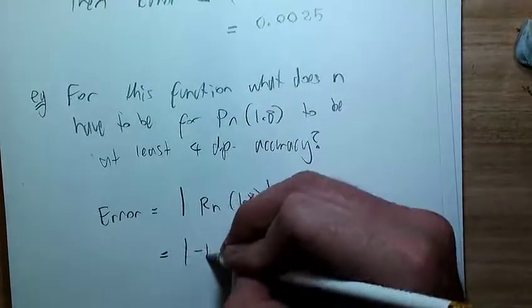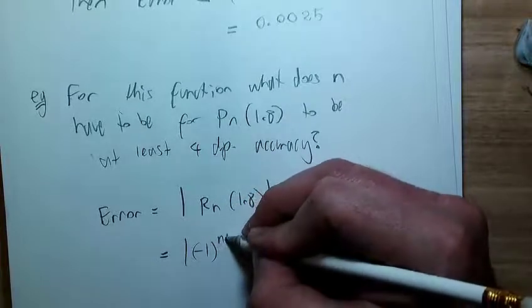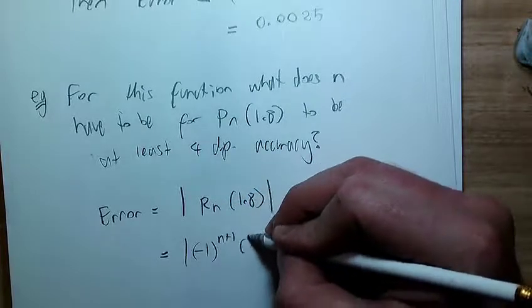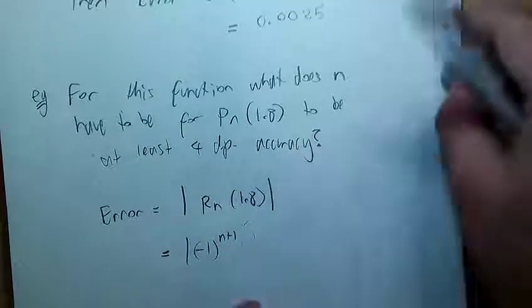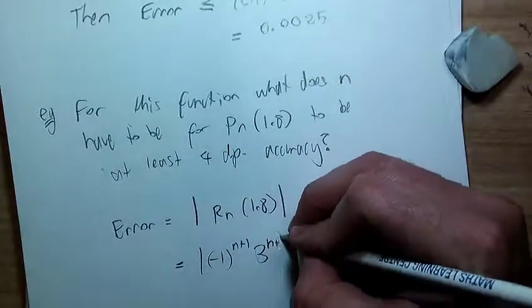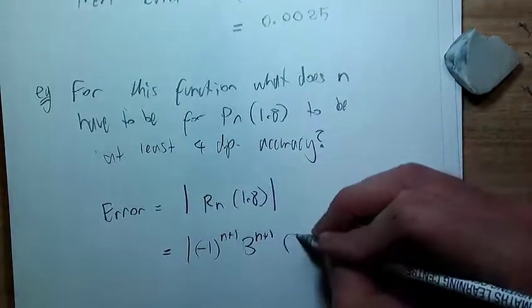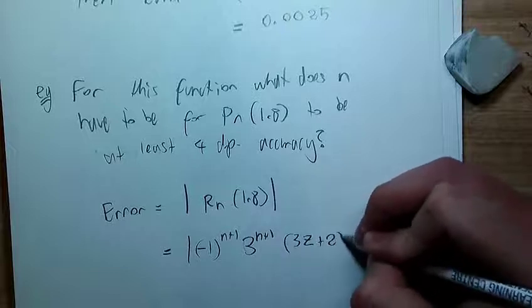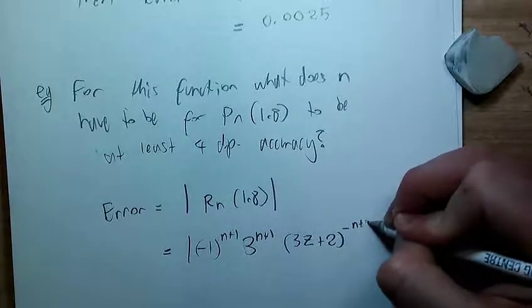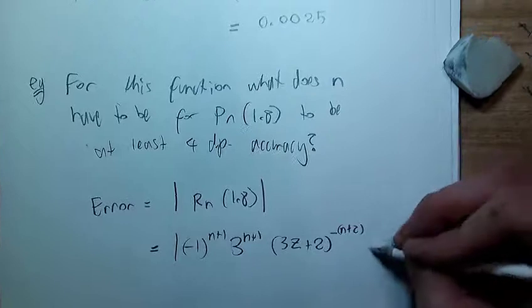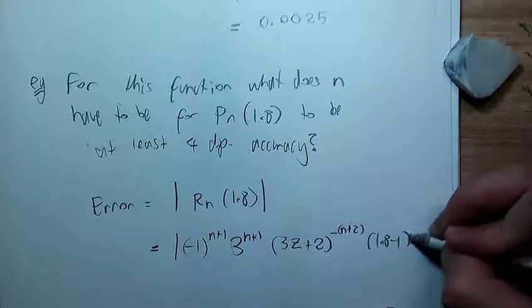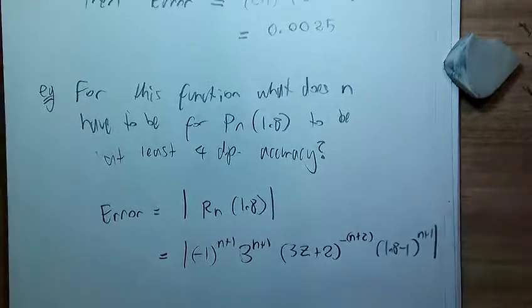which is the absolute value of minus 1 to the n plus 1, 3 to the n plus 1, 3z plus 2 to the minus n plus 2, 1.8 minus 1 to the n plus 1. So this time we know what the x is. It's still 1.8, but we don't know what the n is.